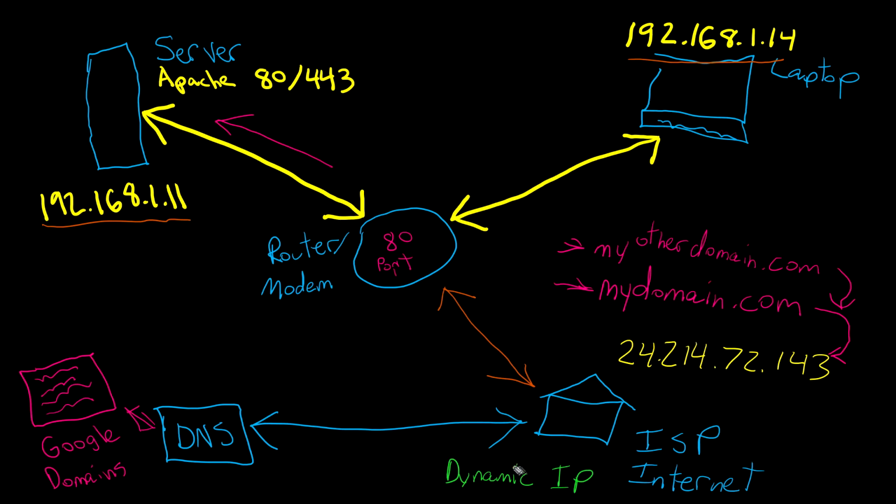What you'll have to do if this is the case, your internet service provider switches your IP address up at random times, is have your server contact Google Domains and tell it, hey, my new IP address is whatever your new IP address is, and set it for these domains. So if you at one point could access your server via your domain, and now you can't, that's probably what happened. Your ISP has changed the IP address.